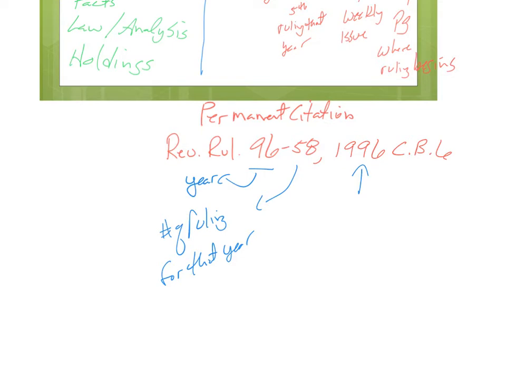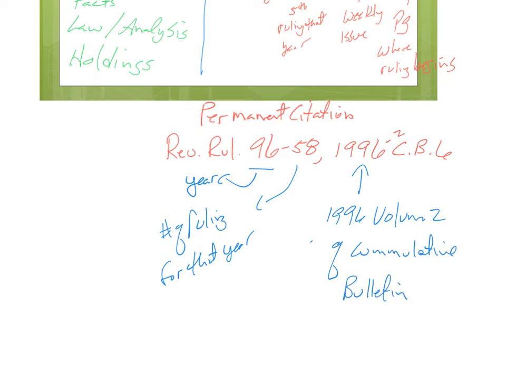Okay, and I left out one little piece that would be helpful. There could be a -2 there, okay? And so what this tells you is that it's the 1996 volume 2 of the cumulative bulletin, and the ruling starts on page 6.